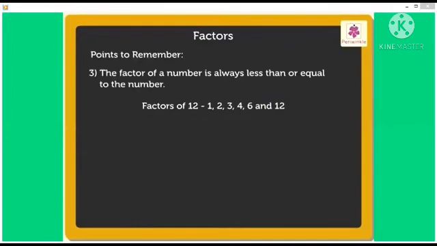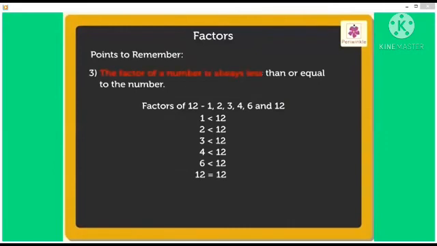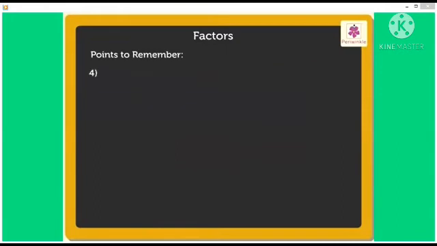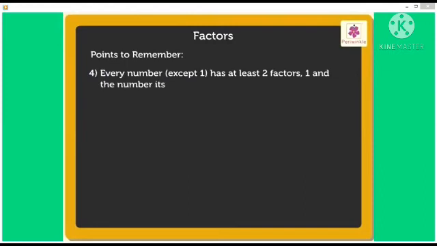Note that the factors 1, 2, 3, 4, and 6 are less than 12, and the last factor 12 is equal to 12. Thus, it shows that the factor of a number is always less than or equal to the number.